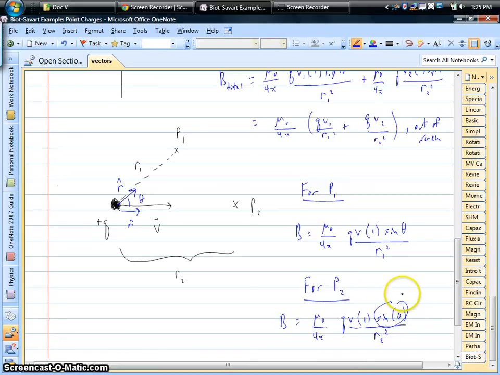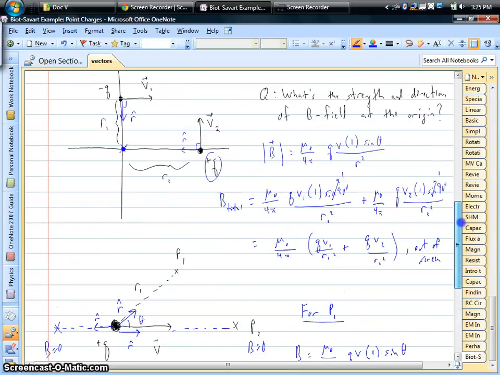Well, sine of 0 is 0. So there is no magnetic field in that line out in front of a moving charge, or for that matter, at any point directly behind the moving charge. There your r hat points backwards, and you'd have the sine of 180 degrees, so there'd be no magnetic field. You only have magnetic field off of that line of motion. And you get the maximum strength, the most bang for your buck, if you're at 90 degrees relative to the particle and its motion.